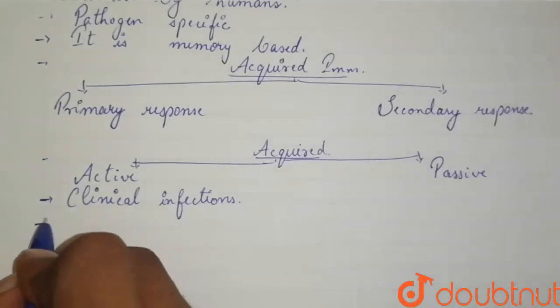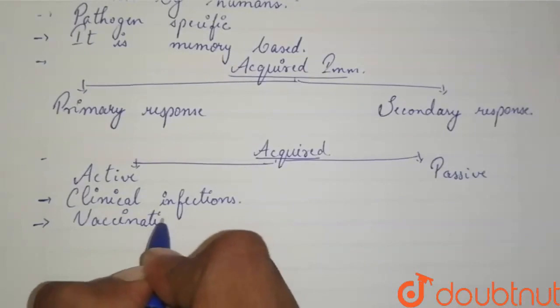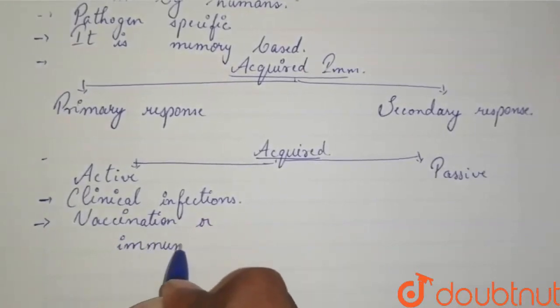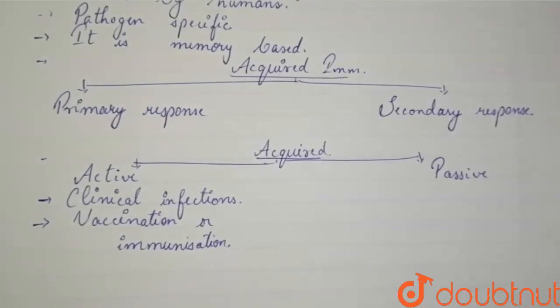The next is through vaccination or immunization. In vaccination or immunization, we put weakened or killed pathogens into the body, and then the body encounters the killed or weakened pathogen and produces a primary response.